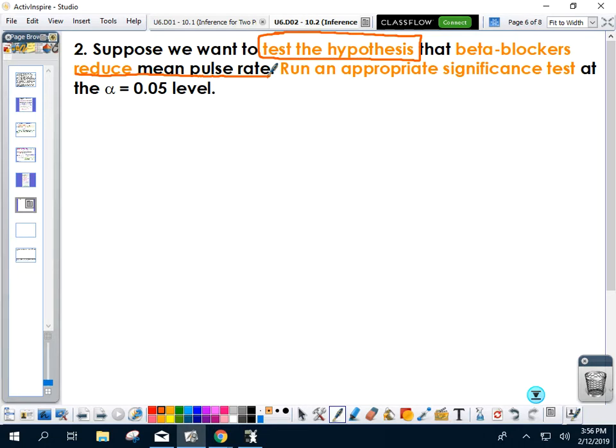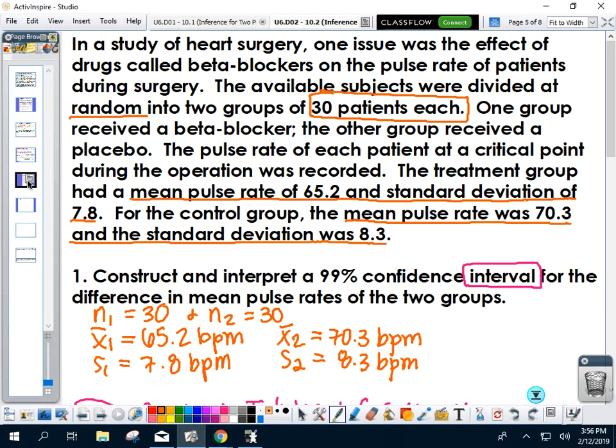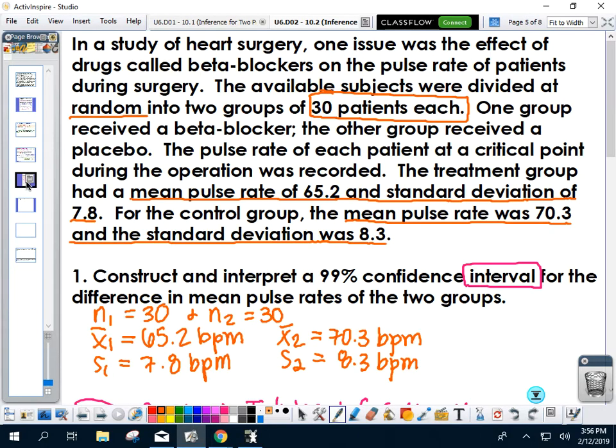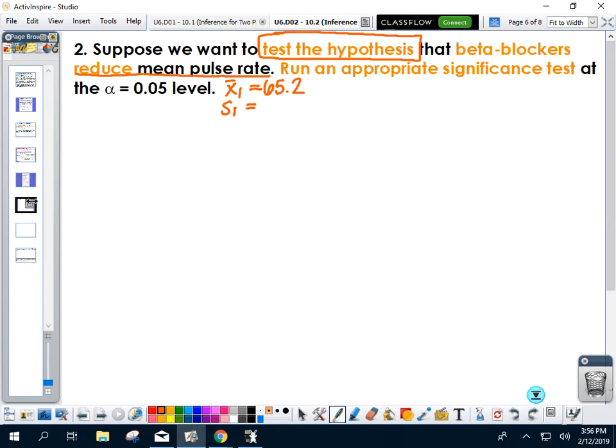Okay, so we are still working with those same numbers. X bar 1 was, I don't remember, 65.2. S1, I still don't remember, 7.8.